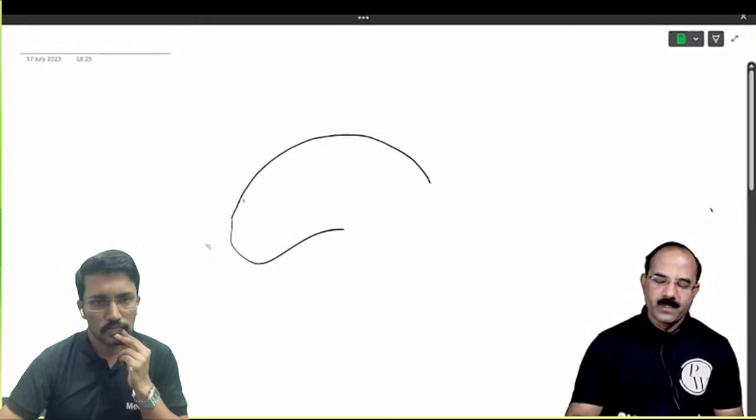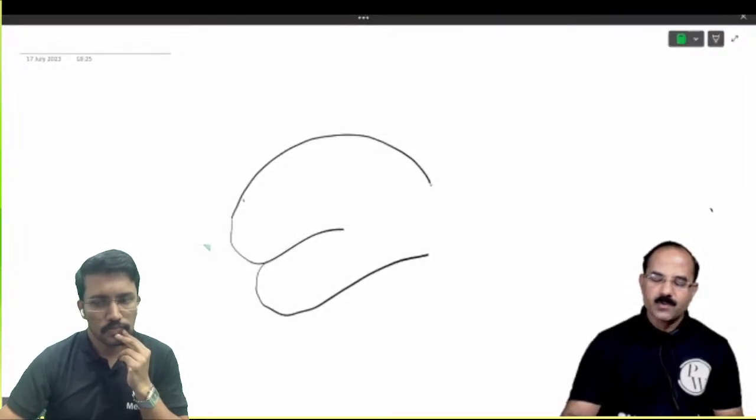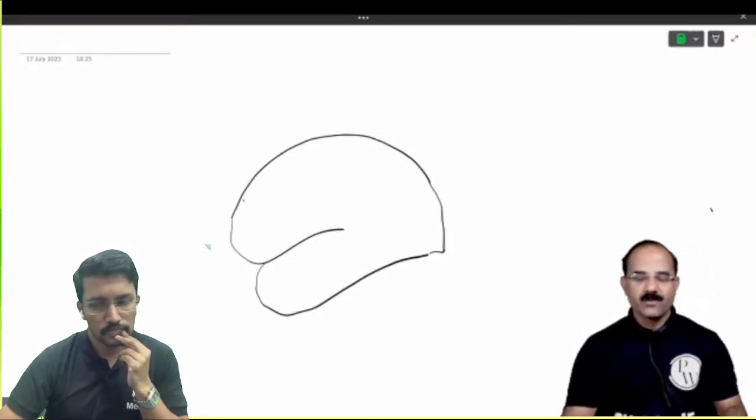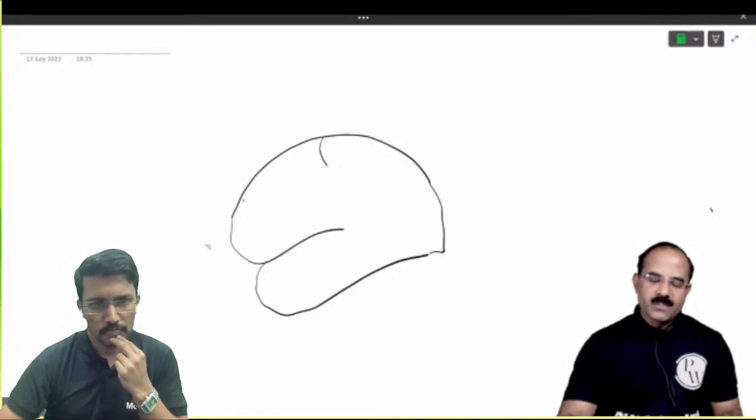This surface of the brain, we call the superolateral surface of the brain. So students, what is this sulcus here? That's the central sulcus or the sulcus of Rolando.